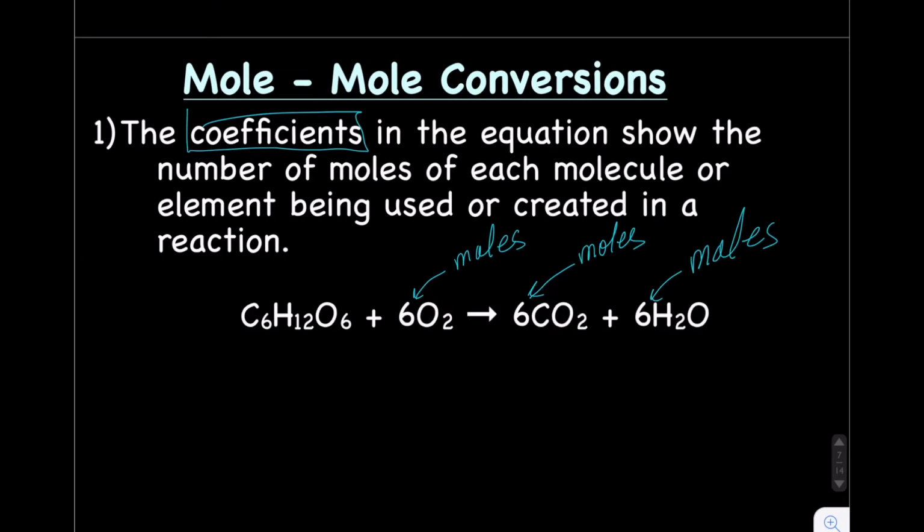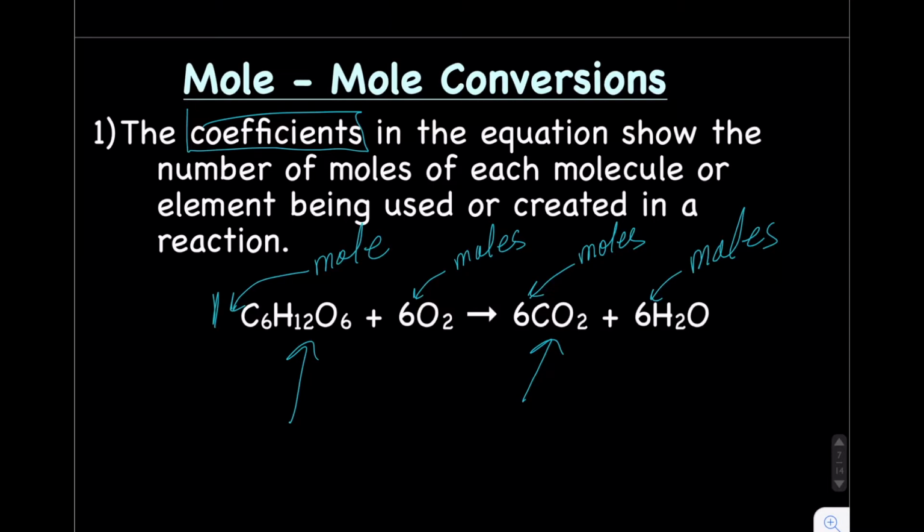And this first one, C6H12O6, has no number there. That doesn't mean we have none of them. Remember, there's an invisible 1 there. So we have 1 mole of C6H12O6. So the way you could think about this is for every 1 mole of C6H12O6 used, you make 6 moles of CO2.